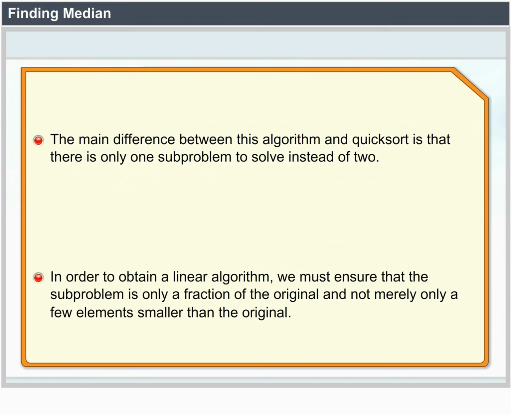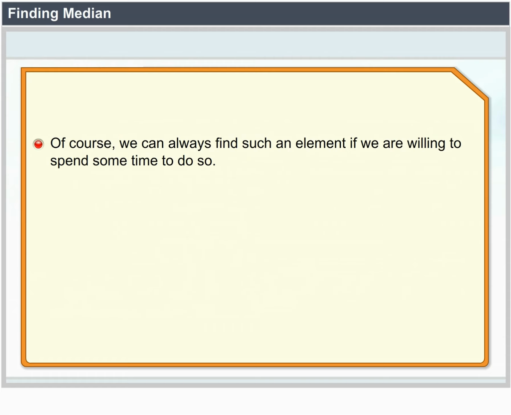In order to obtain a linear algorithm, we must ensure that the subproblem is only a fraction of the original and not merely a few elements smaller than the original. Of course, we can always find such an element if we are willing to spend some time to do so.